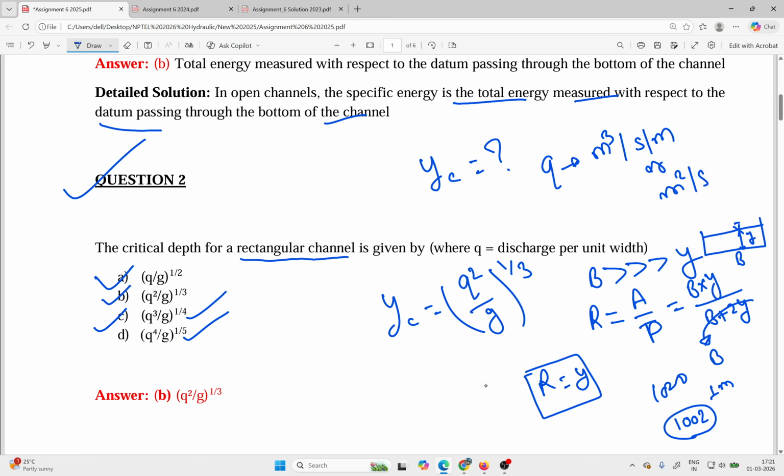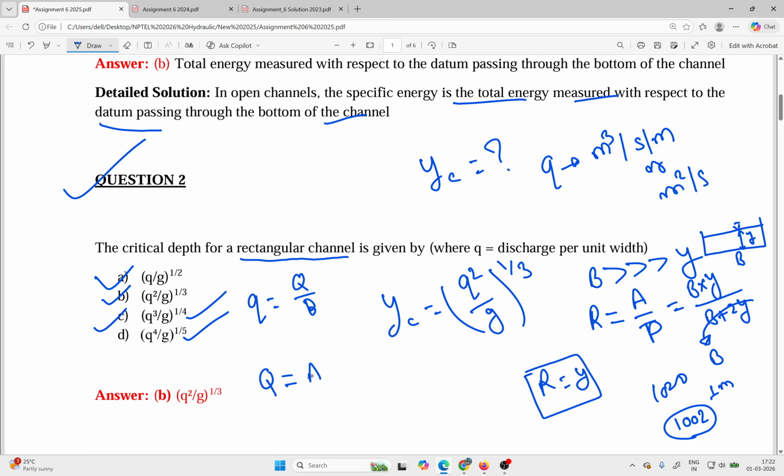Now you have to calculate this Y critical depth. For calculating this, Q square by g, you need the discharge value. What is q? q is your discharge divided by per unit width, here written as capital B. So what is Q?